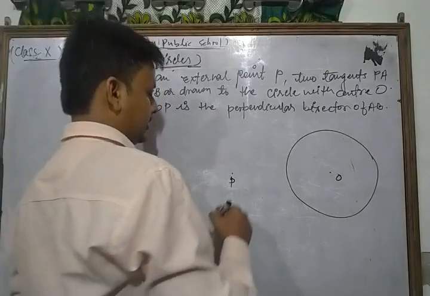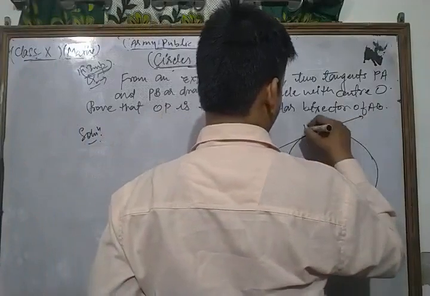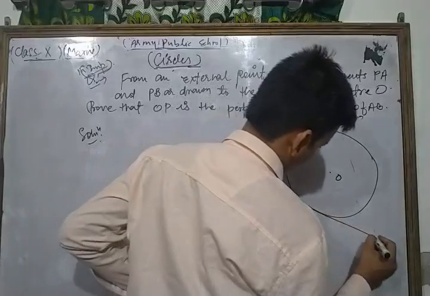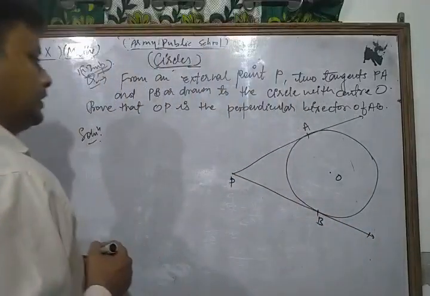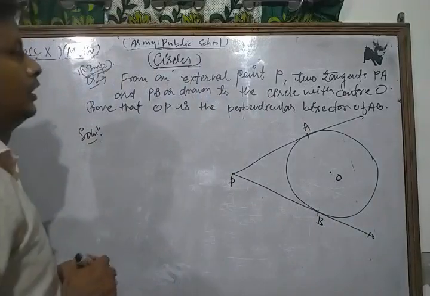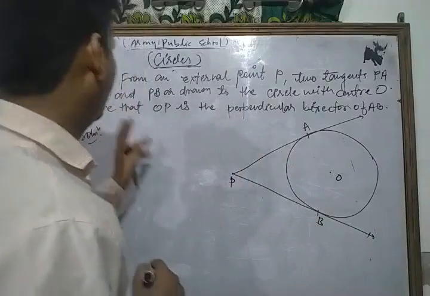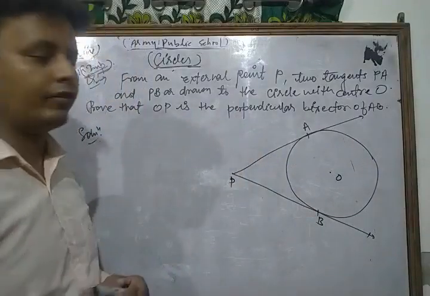We draw two tangents PA and PB to the circle with center O. Prove that OP is the perpendicular bisector of AB.